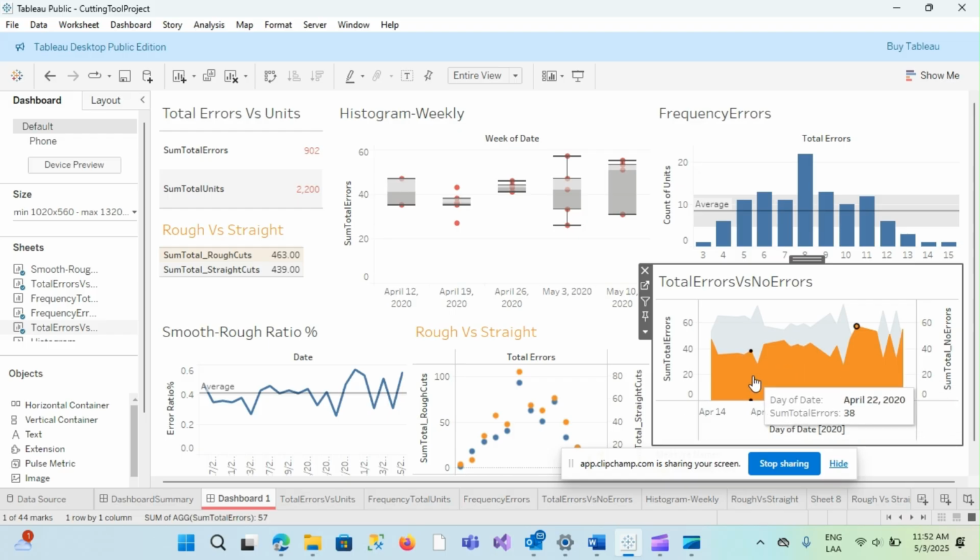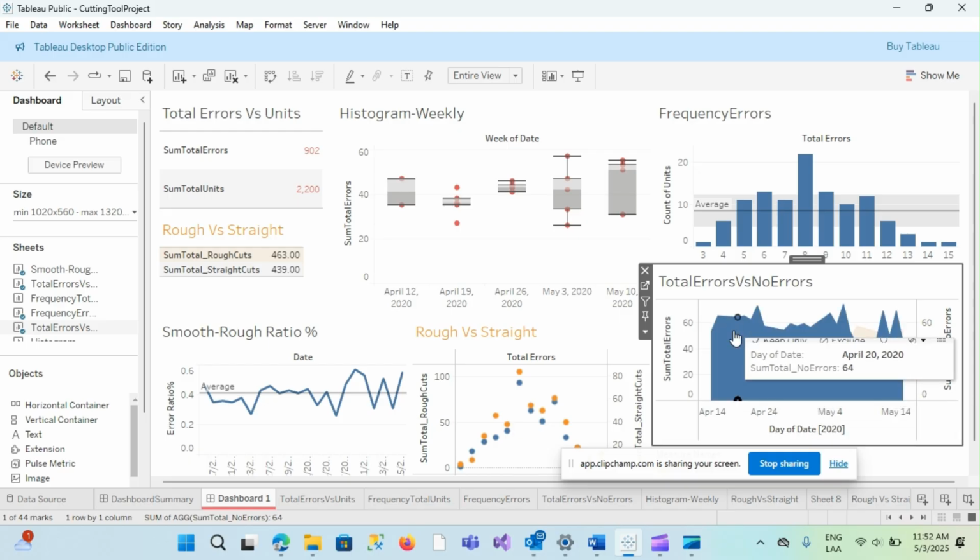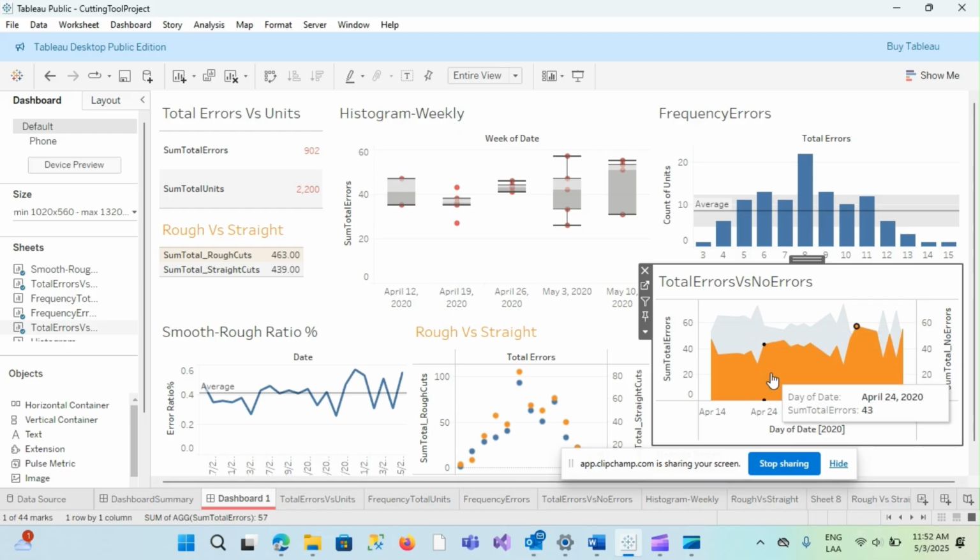So here we have the sum total errors versus sum total no errors. So this part versus this part. Again, this represents something similar as here.